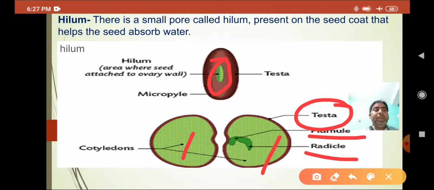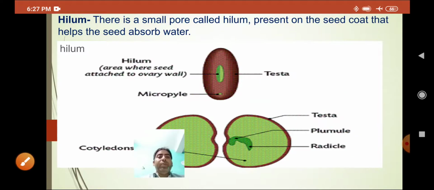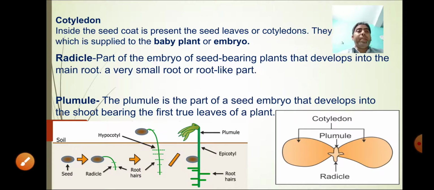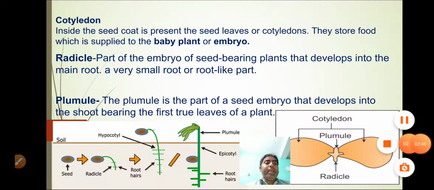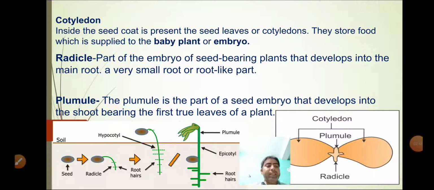Now here you can see the cotyledons. What do these cotyledons do? These cotyledons store food for the baby plant.